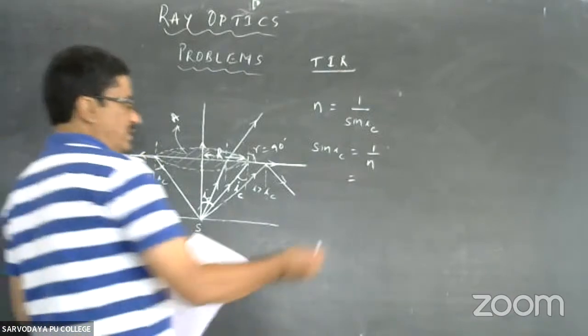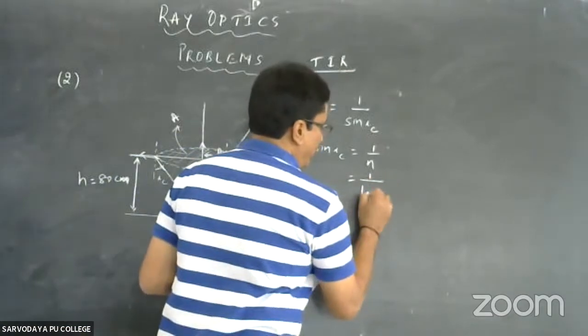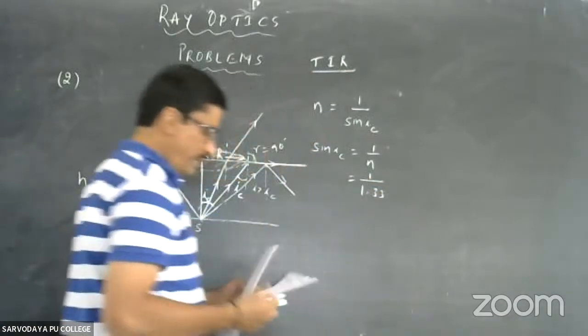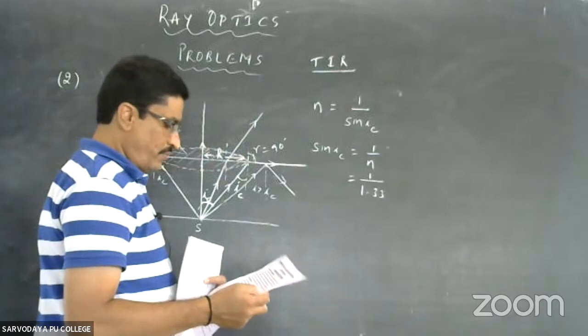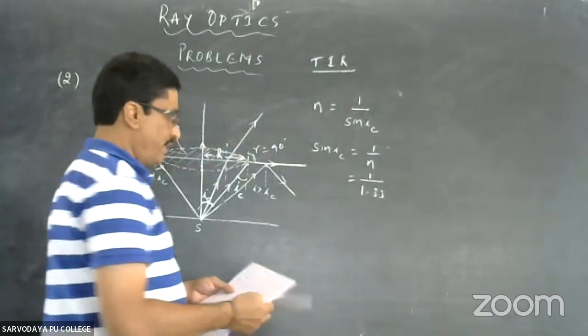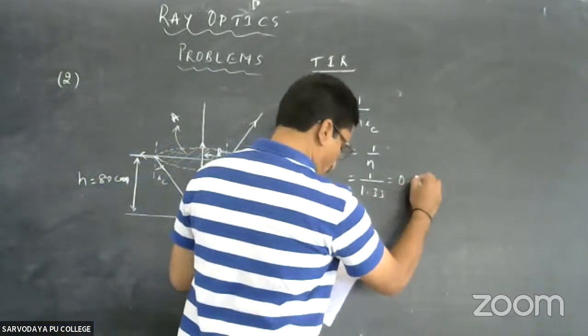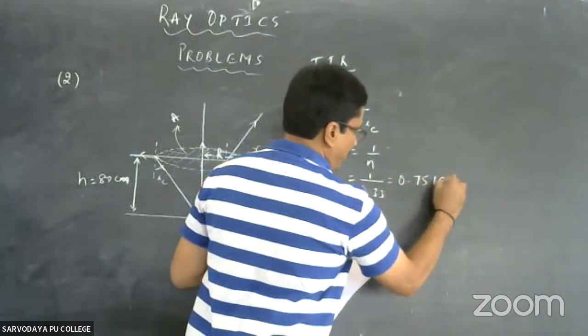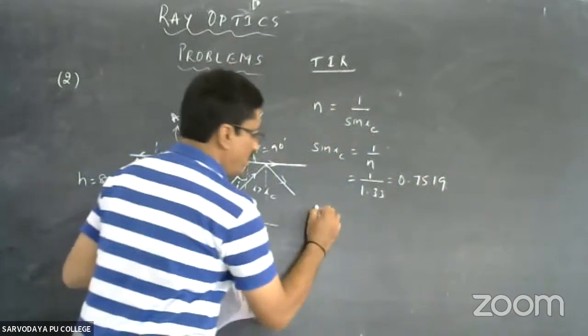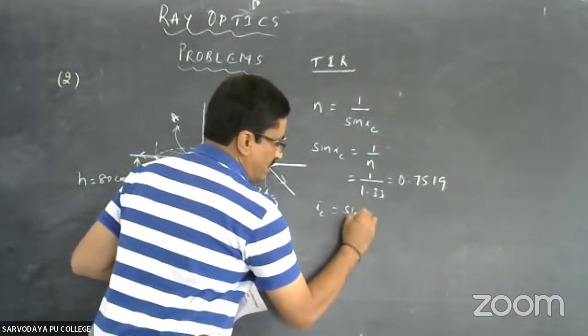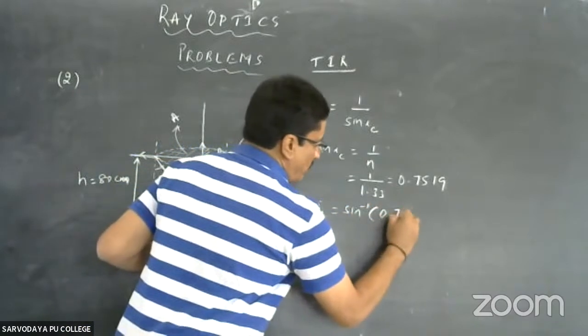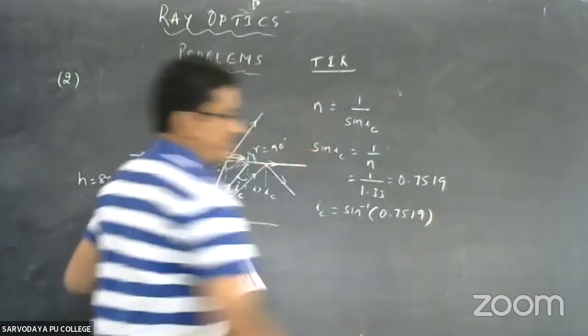So this is 1 by 1.33, because we have been given the refractive index as 1.33, and this comes out to be 0.7519. Therefore, the critical angle is sin inverse of 0.7519.